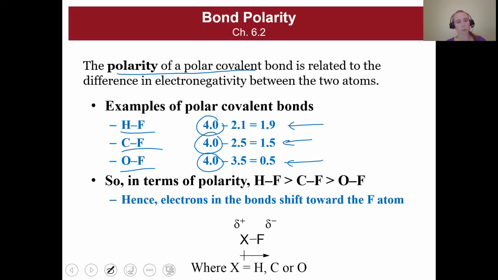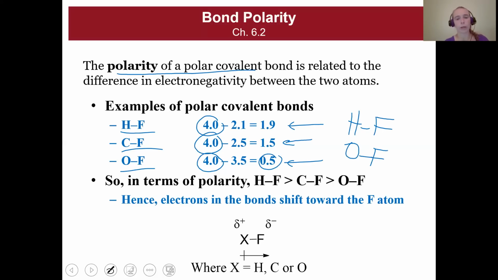So all three of these are polar covalent bonds, but the difference in electronegativity tells us how polar the bond is. The higher this number, the closer to 2, the more polar the bond is. So HF is the most polar of these three bonds, and OF is the least polar because there's only a 0.5 difference.